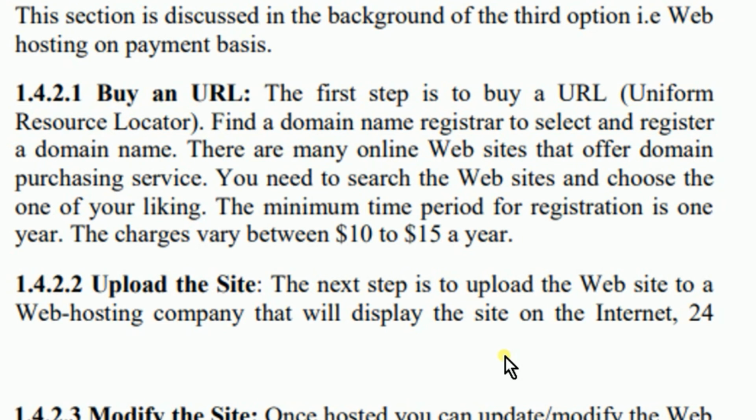If you have upload software, then you can upload the website information onto the web hosting server. And the web hosting server will activate that website within a 24-hour duration. That is the second part, uploading the site.